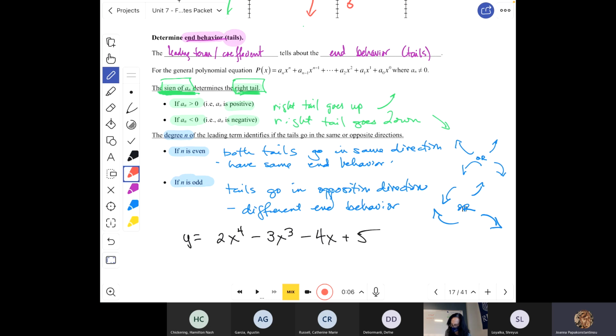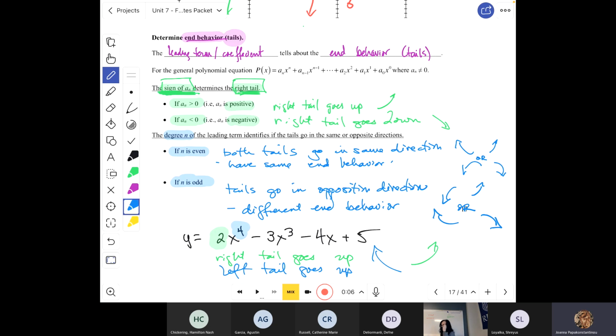Look to the leading coefficient. It is positive, so the right tail goes up. Then I look to the degree, and I see the degree is even, so the left tail also goes up.